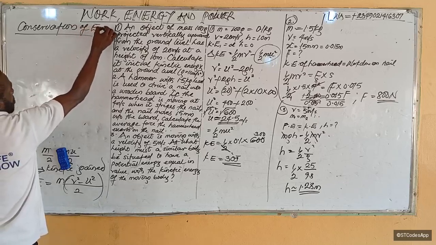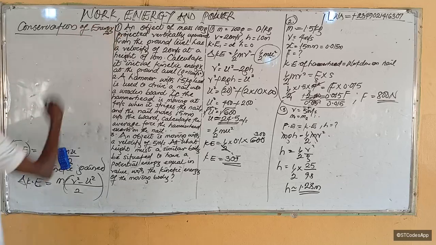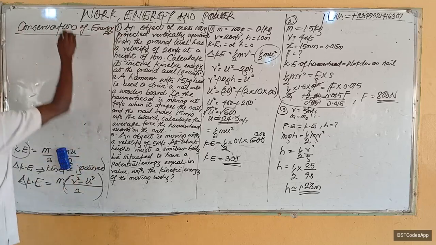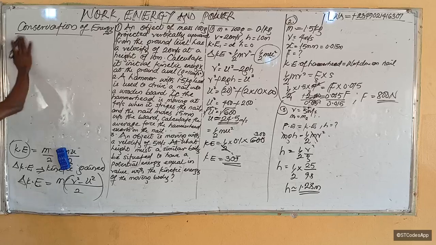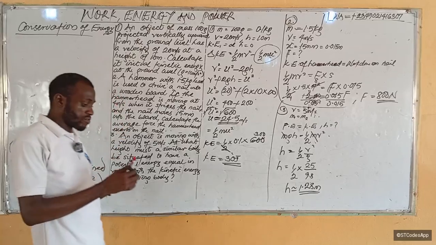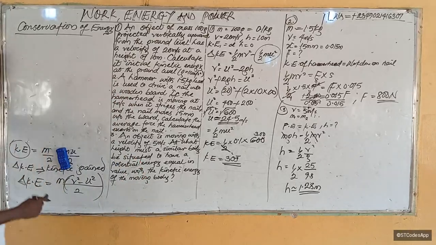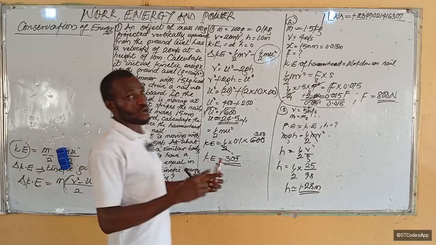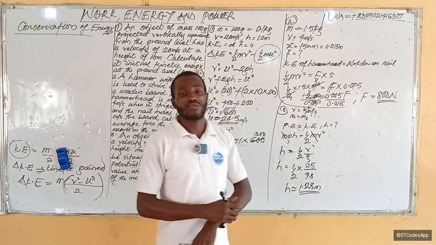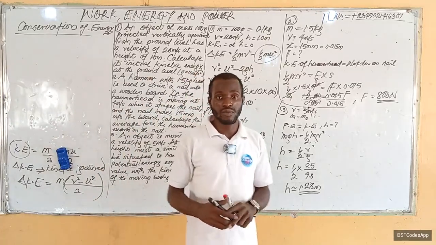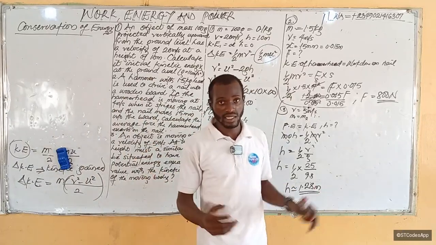The principle states that energy is not created, which is the same as the first law of thermodynamics, which is saying that energy is not created nor destroyed. Energy is only transformed from one form to another. Now you should watch out for my video on thermochemistry. I'm going to discuss all these things in detail.